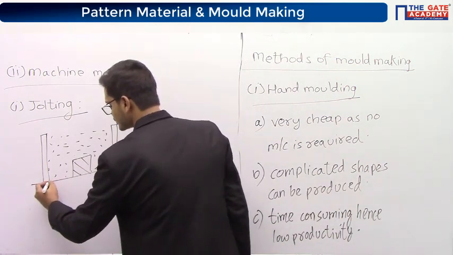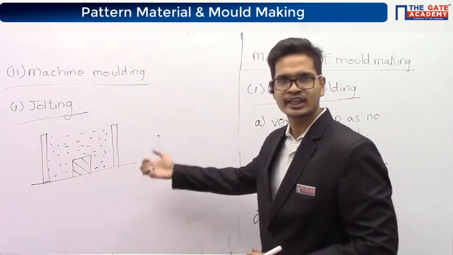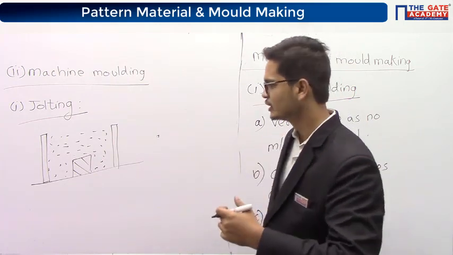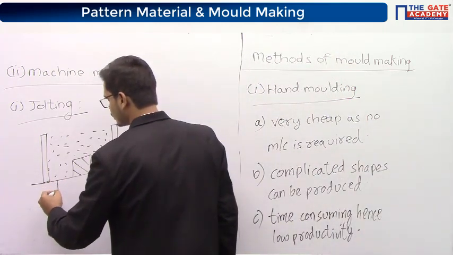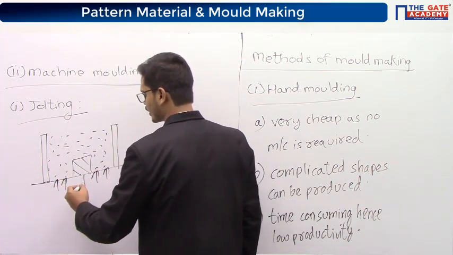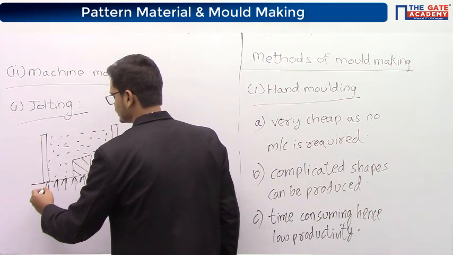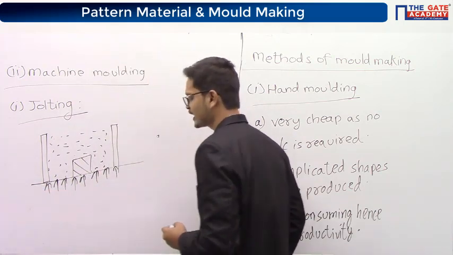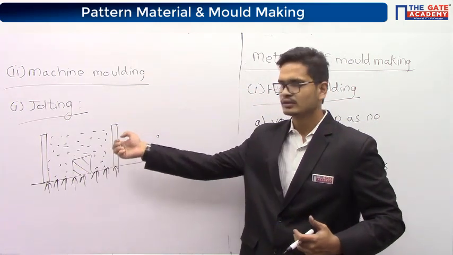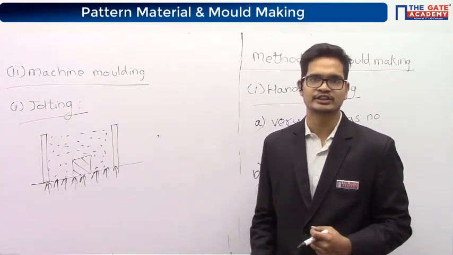When it is raised, its potential energy is increased. When it falls, at this location, impact energy acts, and because of the impact energy, the packing of sand takes place.